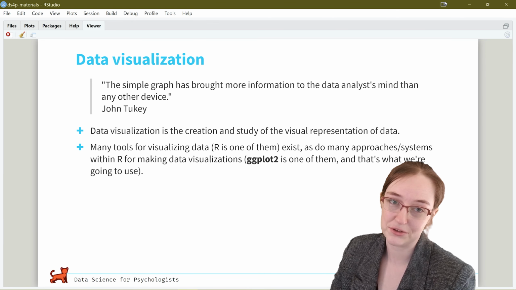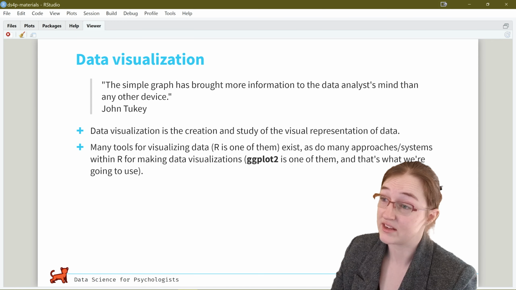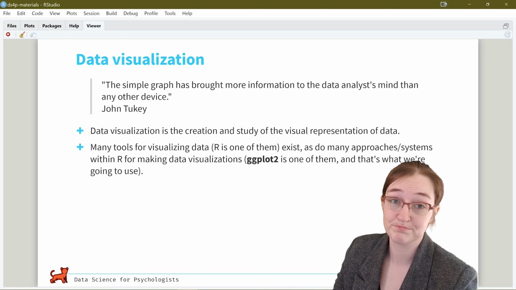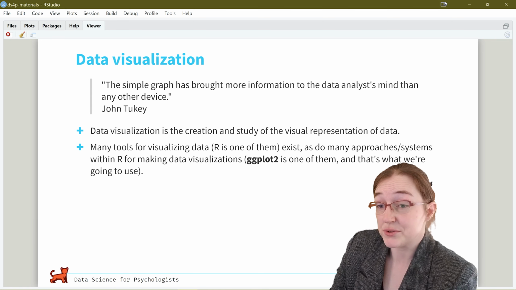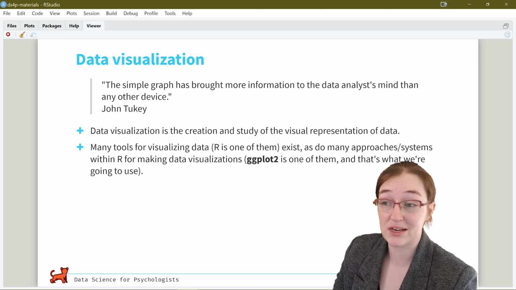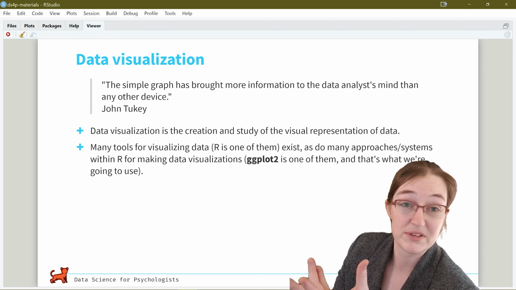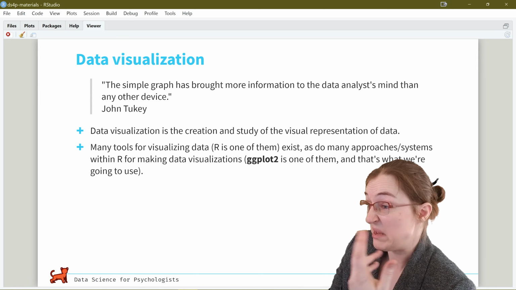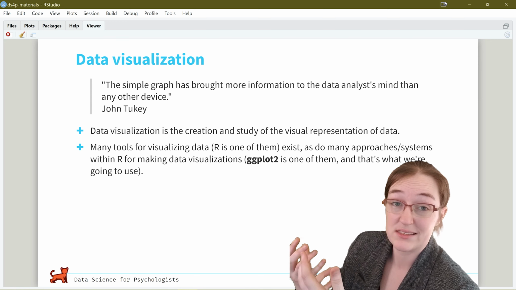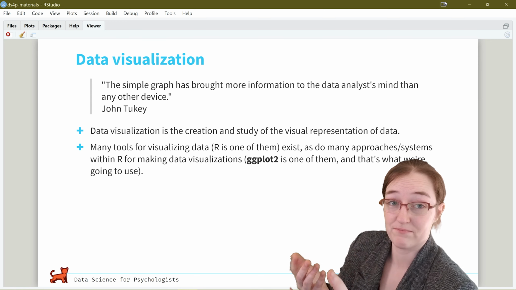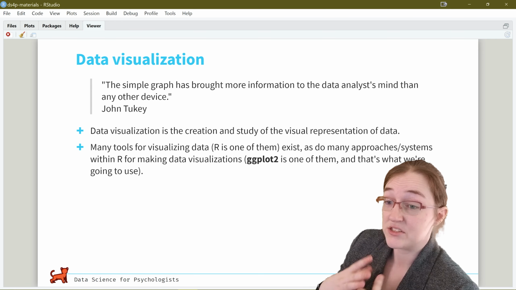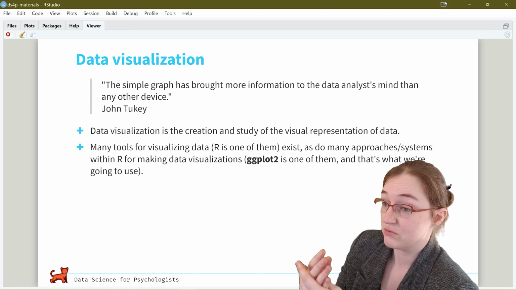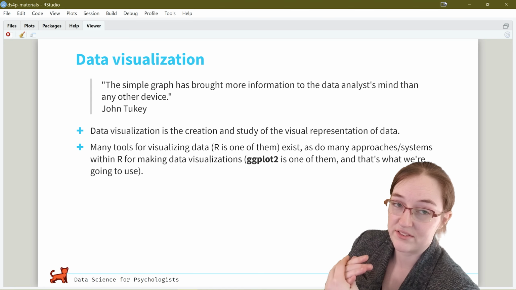So, another Tukey quote: a simple graph has brought more information to the data analyst's mind than any other device. A picture's worth 1,000 words. Data visualization is the creation and study of the visual representation of data. Many tools for visualizing data exist. R is one, and my favorite, because it's free and has lots of properties, as do many other systems within R. There are those outside of R, obviously.